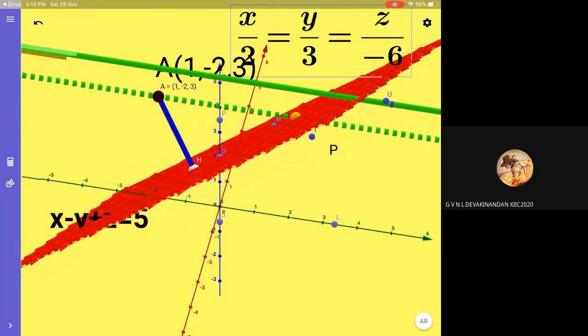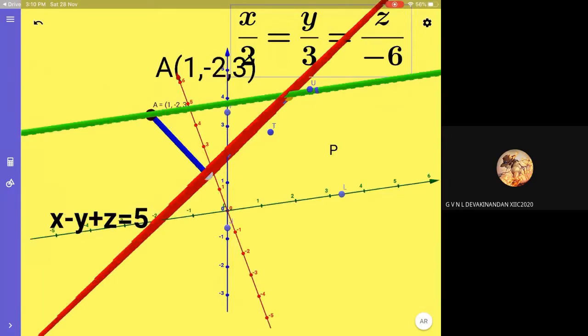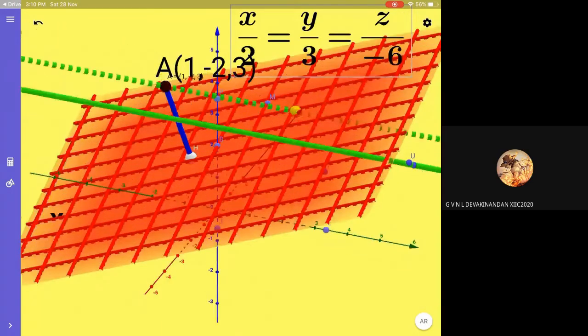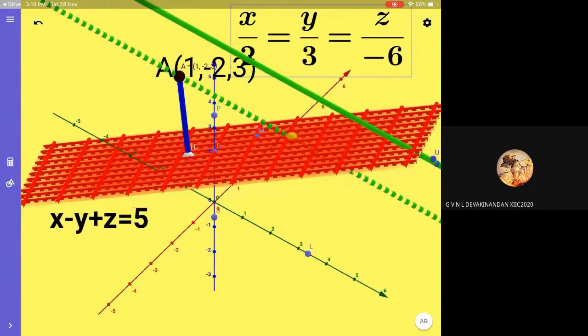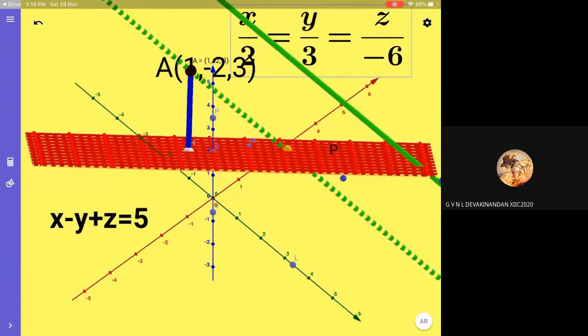What I just explained previously is how to find the perpendicular distance. We have the direct formula if the plane's equation is given. But this question is not regarding that. This question says find the distance of the point from the plane measured parallel to the line.